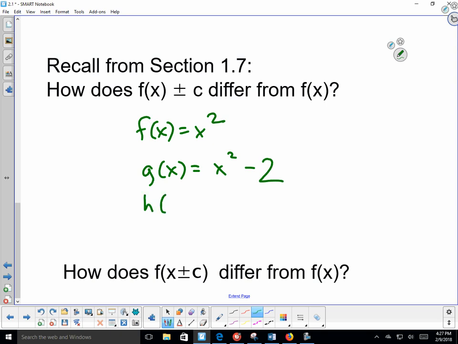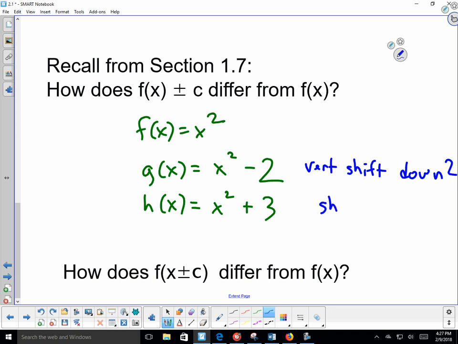Or what about if I have h of x equaling x squared plus 3? How is that going to look? Well, I hope that you remember that this is going to be a vertical shift. This one's going to be down 2, and this one's going to be a shift up 3. And you can take a look at that on the calculator and verify that yourself.